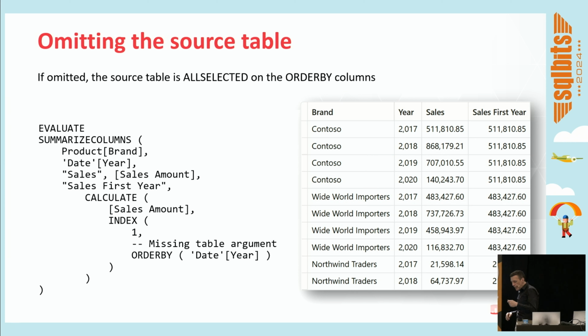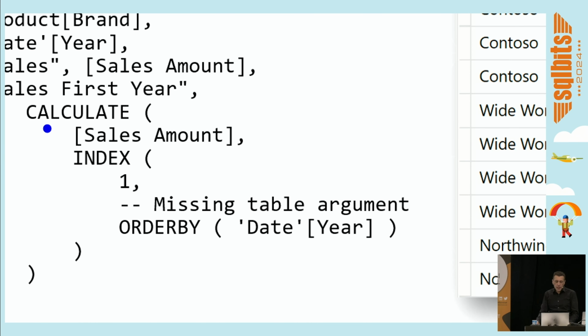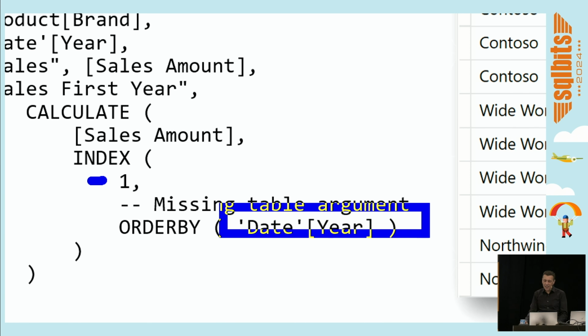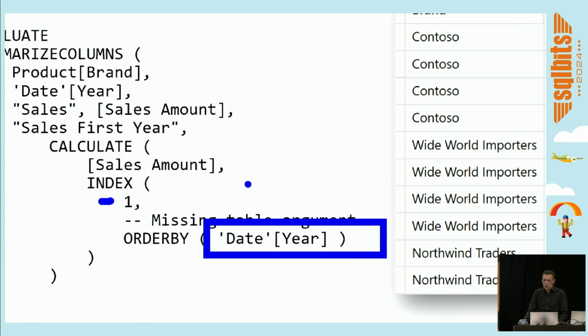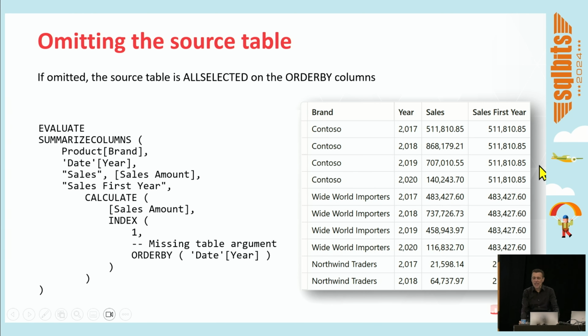But you can skip the table argument. This is valid DAX syntax. You can say, give me the value. So what is this calculate saying? Give me the value of the first year somewhere in the current group, I would say. What does it mean? If you look at the result, this is easy.